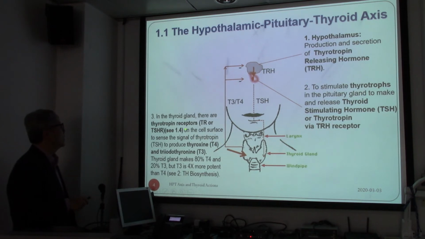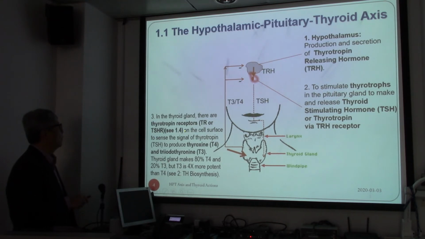Okay, after the stimulation of this TSH, known as thyroid stimulating hormone or thyrotropin, it goes down to the thyroid gland through the action with the thyrotropin receptor, or TSHR.